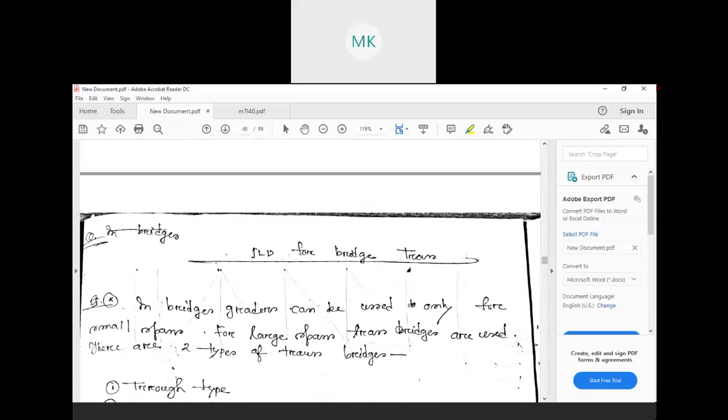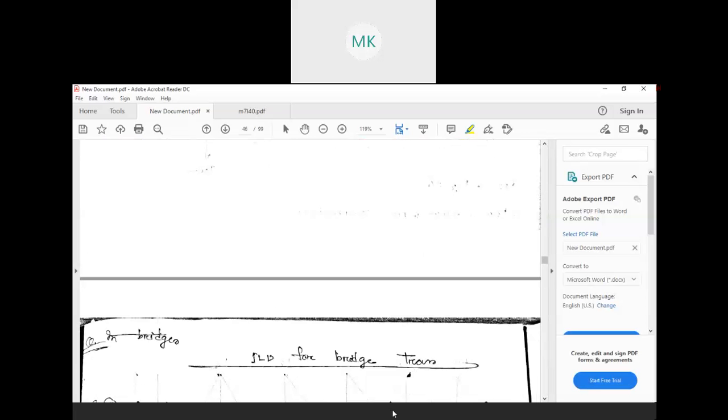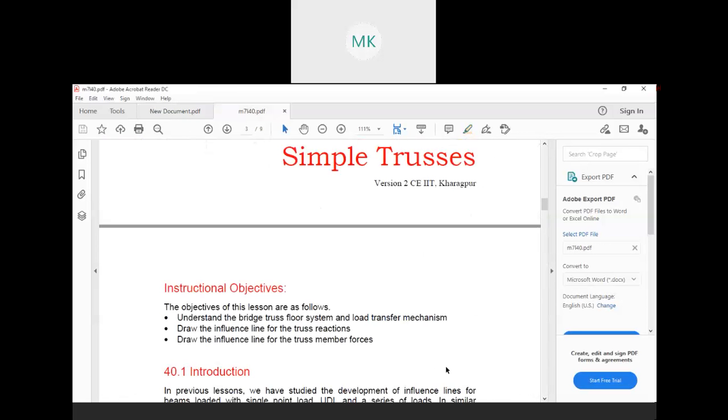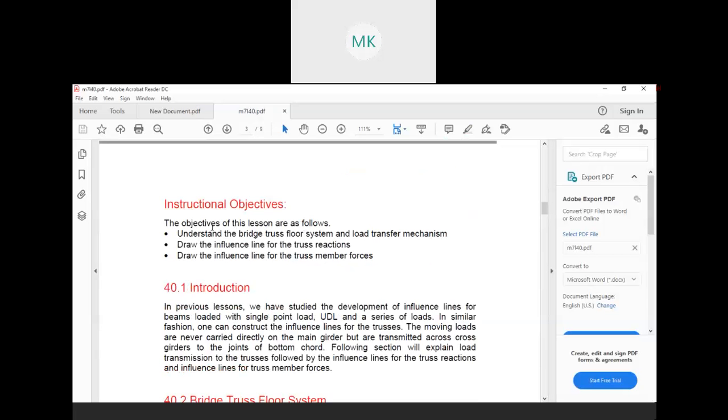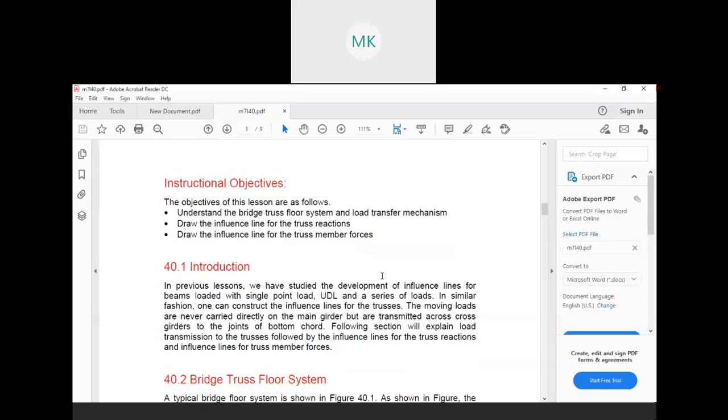Let me show you once the third part. So this is the influence line for trusses. What is our main objective? Why are we doing this? We are doing this because we need to understand the bridge truss floor system load transfer mechanism, draw the influence line for the truss reactions, and draw the influence line for the truss member forces.